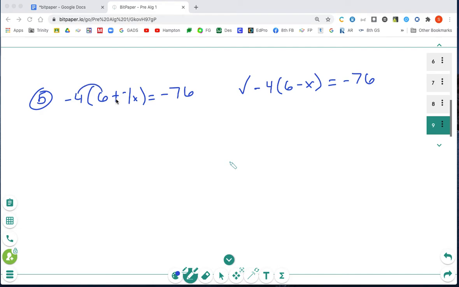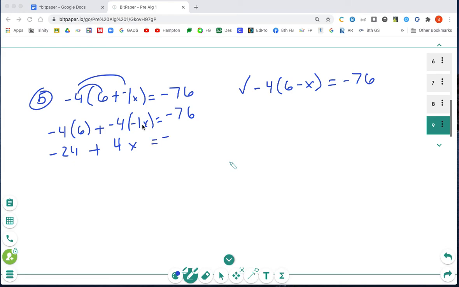So when we rainbow, we're going to have negative 4 times 6 plus negative 4 times negative 1x equals negative 76. Negative 4 times 6 is negative 24, plus negative 4 times negative 1 is 4x is equal to negative 76.